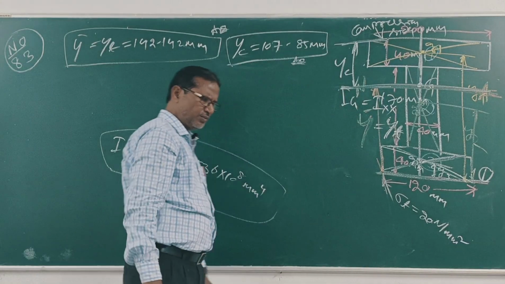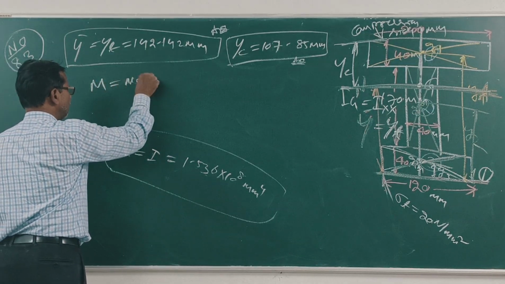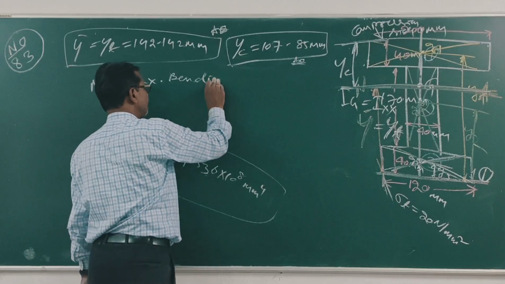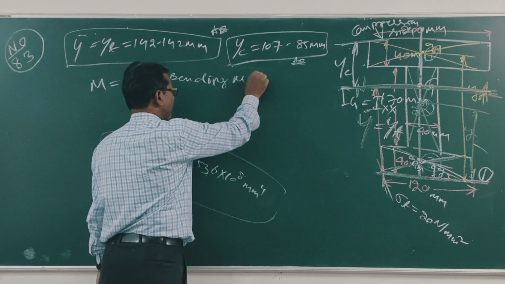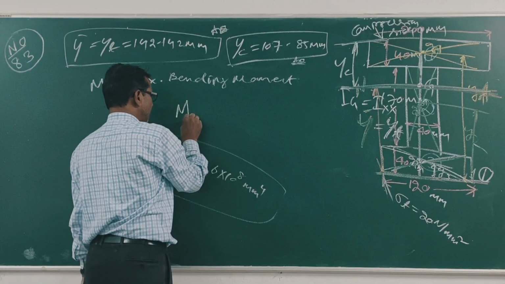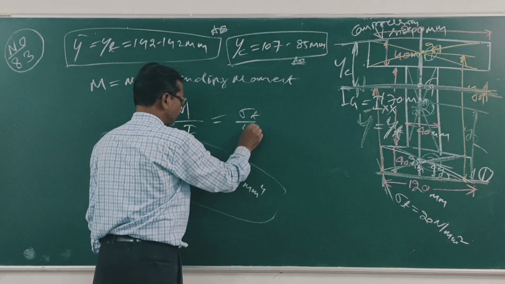Now, M is equal to the maximum bending moment. What is M equal to? M by I is equal to sigma T by yt. Clear?